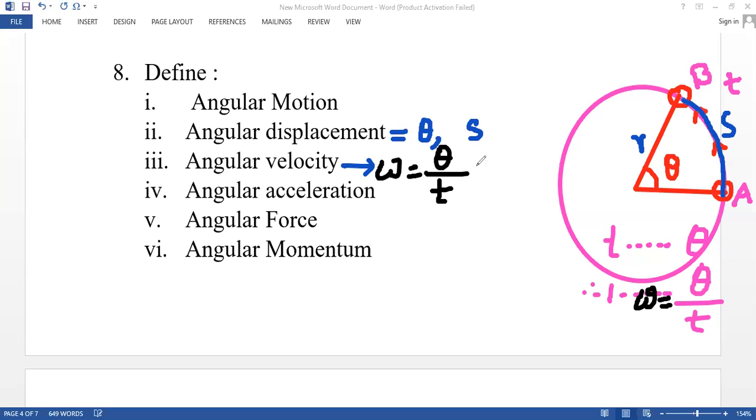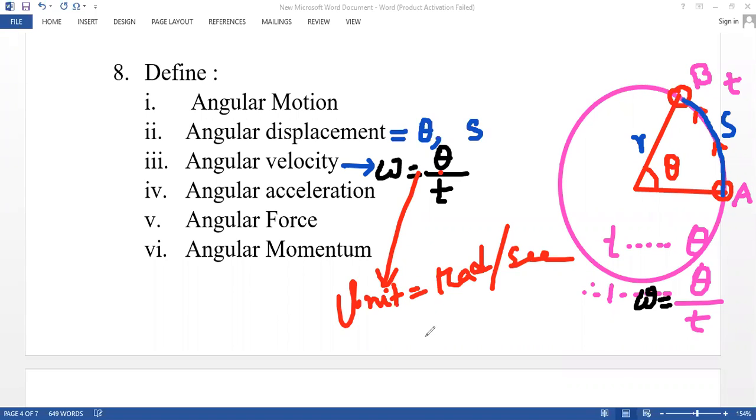And what is the unit of angular velocity? There are several forms of units. Can you tell me? Radian per second. So the unit will be radian per second.